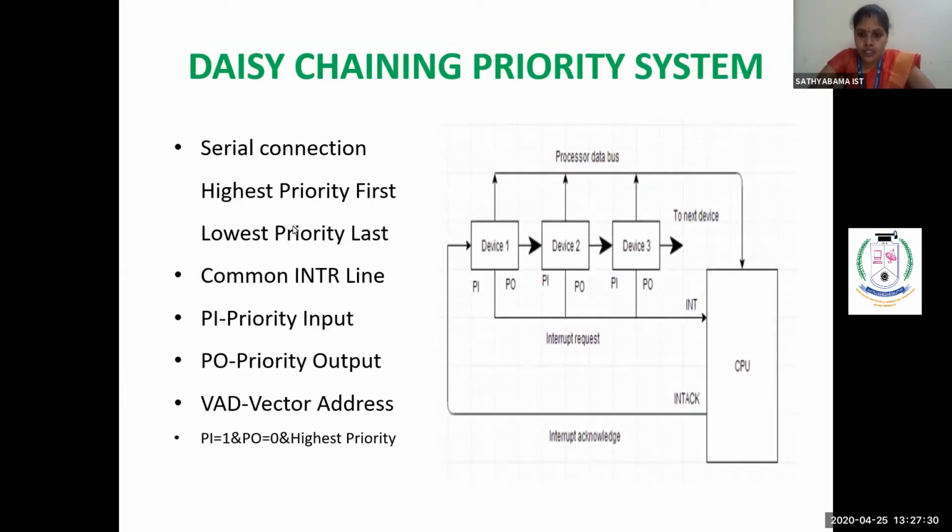So if device 1 is not sending the interrupt request to the CPU, it will be passed on to device 2. PO is normally 0, now it becomes 1. Why? Because it has not sent an interrupt request to the CPU. So moving on to device 2, the device should know that the interrupt acknowledge is coming to my device. So like that.